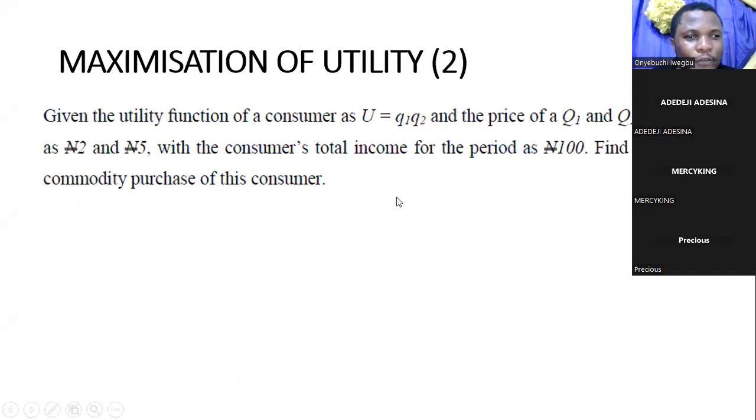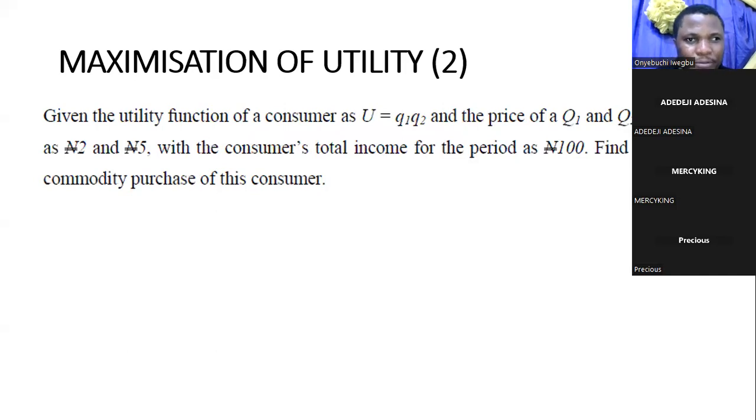Given the utility function of a consumer as U equals Q1, Q2, and the prices of Q1 and Q2 respectively as 2 naira and 5 naira, with the consumer's total income for the period as 100, find the optimum commodity purchase of this consumer. Maybe somebody can snap it or screen grab it. So I have Q1, Q2, then I have the prices as 2 naira and 5 naira. Then I have income as 100.